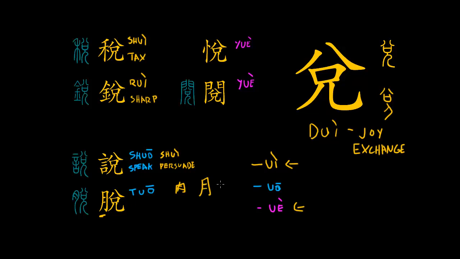Actually, I think in traditional Chinese there is a slight differentiation between the moon, which would be written like this, and then ro would be written something like this, if I'm not mistaken. Either way, the element is not moon, it's ro, which means meat, and so it means, I would say, to take off something.